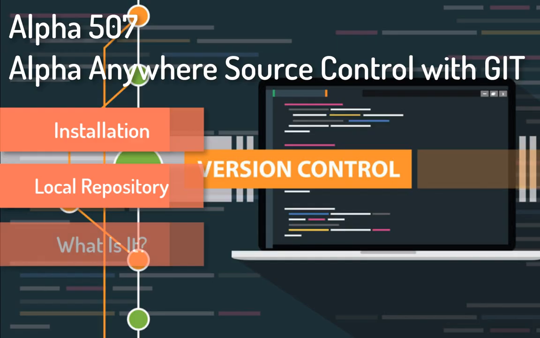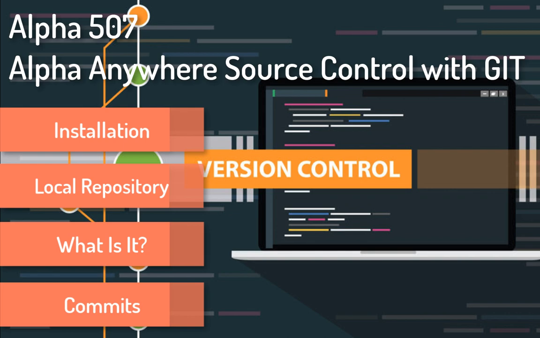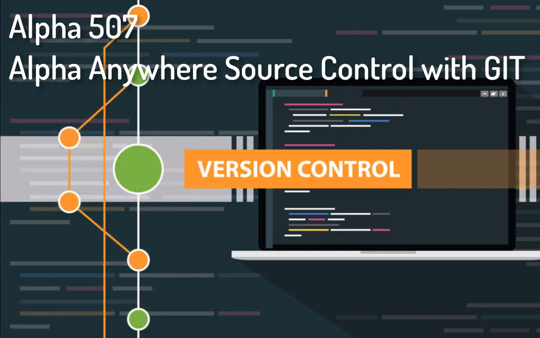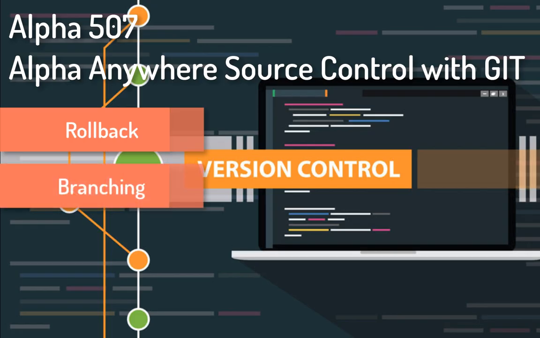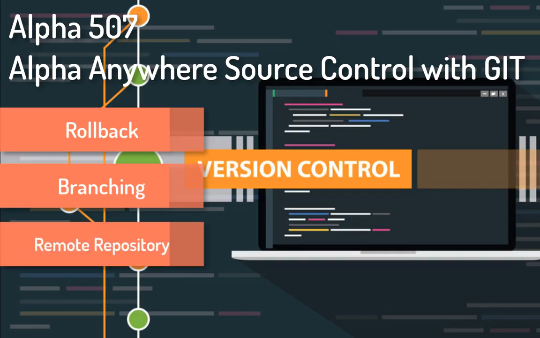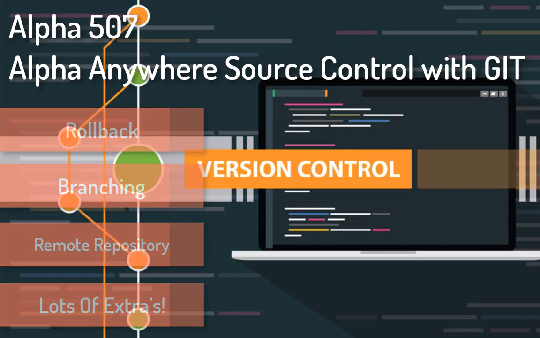What is a repository and how is it structured on your file system? Using the Git commit system to manage your development process. Using Git to roll back changes in your code. Git branching, the powerful tool for making your development life much, much easier. Remote repositories, both public and private, and lots of other great information.